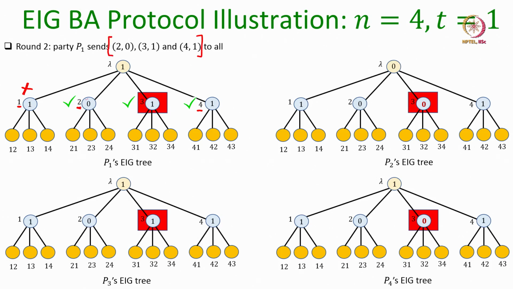It will tell everyone that okay, I have assigned the value 0 to the node with label 2, I have assigned the value 1 to the node with label 3, and I have assigned the value 1 to the node with label 4, and this it will send to everyone identically. Okay. Now, this message will be received by everyone.